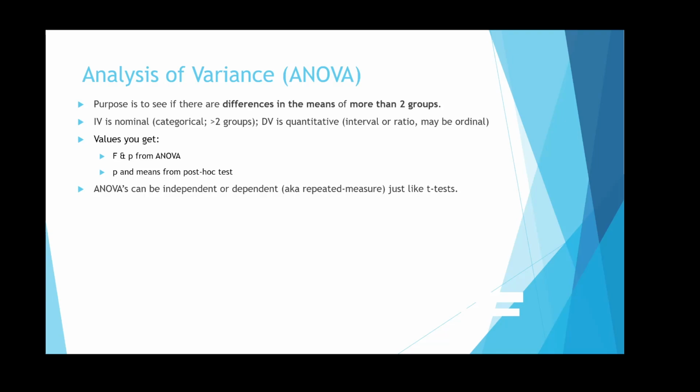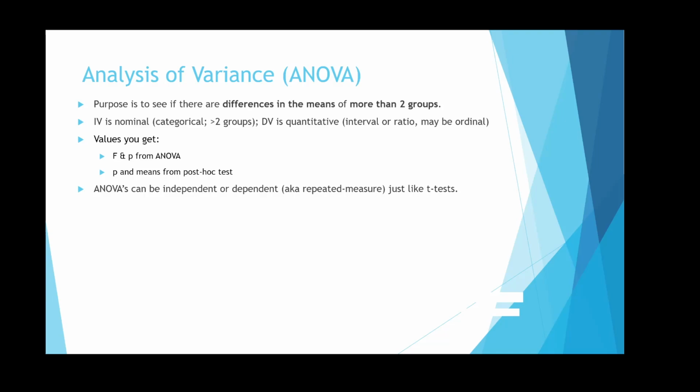ANOVAs can be similar to t-tests in that they can be independent or dependent, even though they're not exactly called that. Your dependent ANOVA is called a repeated measures ANOVA. Remember with the t-test, a dependent t-test would be done if you have one group of people and you have a time 1 measure and a time 2 measure.